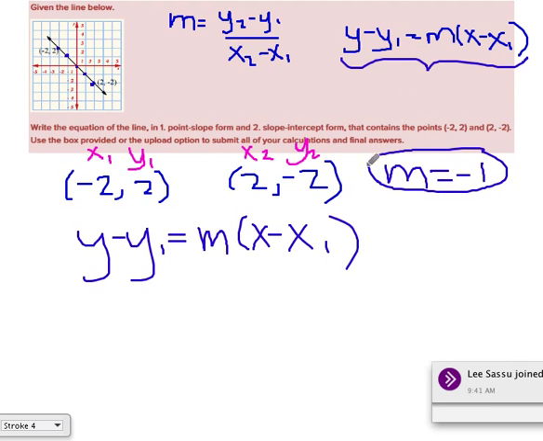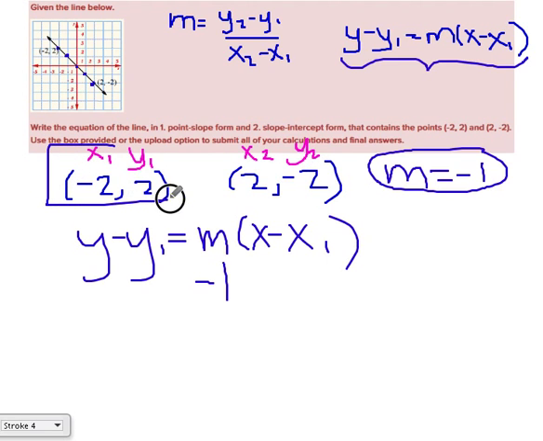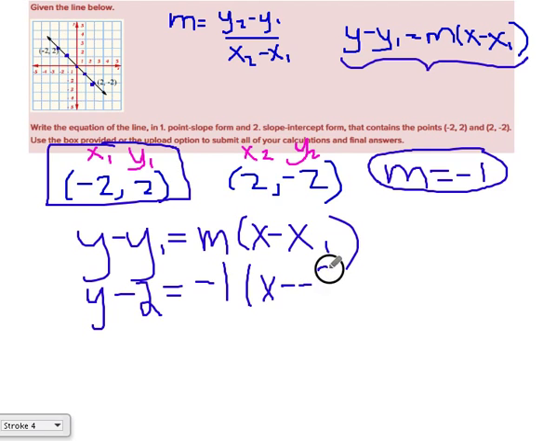Okay, so I know that I'm going to be plugging in -1 for m. And I can pick either point to use, and I'll just use this first point here for my x1 and my y1. So y minus y1 is going to be y minus 2, because 2 is my y1. For x minus x1, I have to choose just one point, so the point I chose has an x1 of -2, so that would be x minus -2, but we know that subtracting a negative is a positive, so I'll change that to addition.